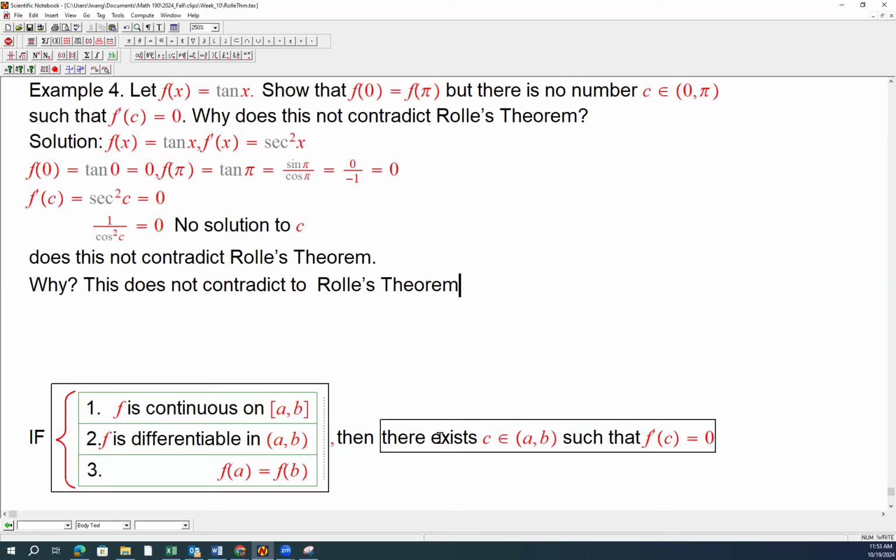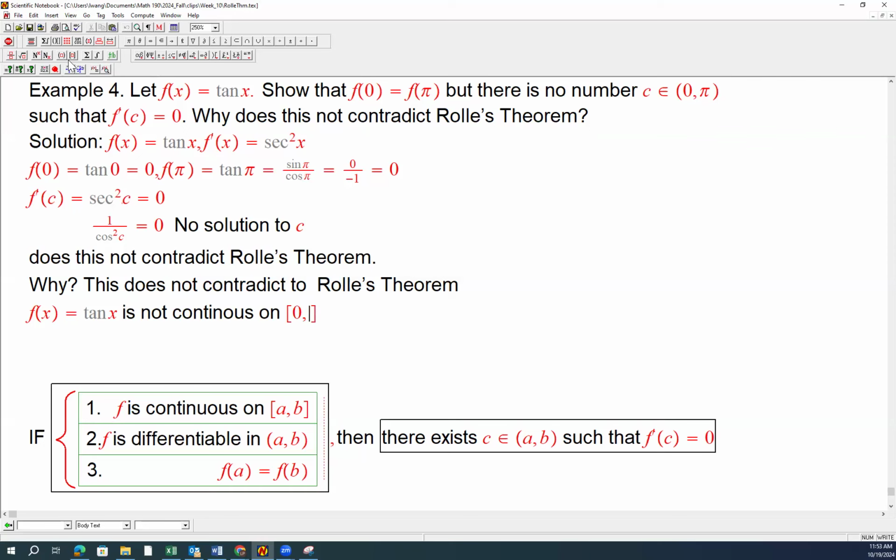Because if we cannot find the c, there must be something that is not satisfied here. The third condition is satisfied, so we just have to check the first or second. Let's look at continuity. Is the function continuous? This function is not continuous on the closed interval 0 to pi.